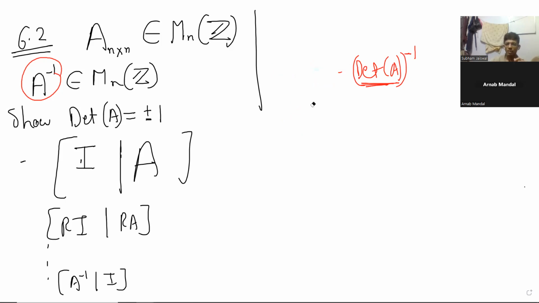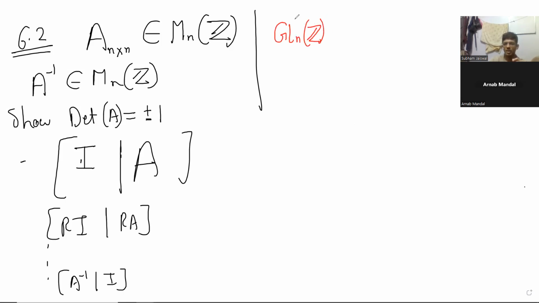In general, if you know groups, then that thing is true. But what I want to say is, if you look at GL_n(Z), the invertible matrices with integer coefficients, is this a group?